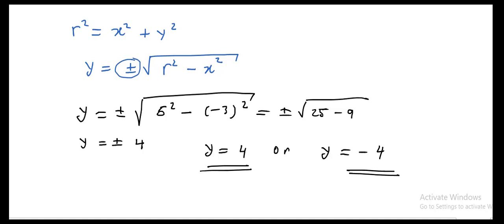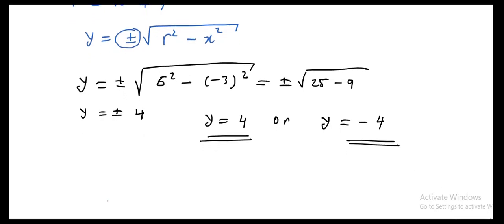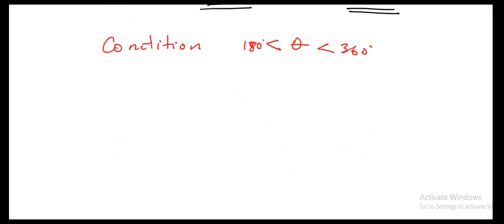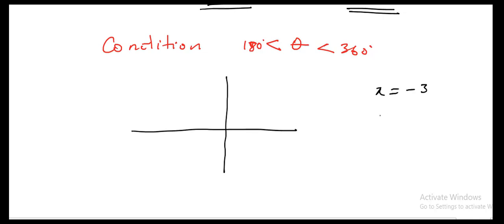Now the condition that was given to us was that theta is between 180 and 360 degrees. If we have to sketch again, we have x is negative 3, r is 5, but y is 4 or negative 4.